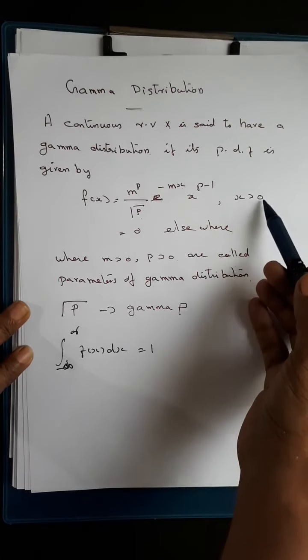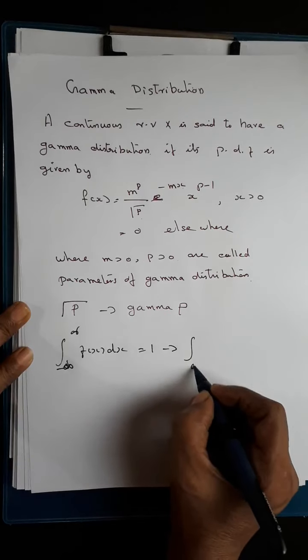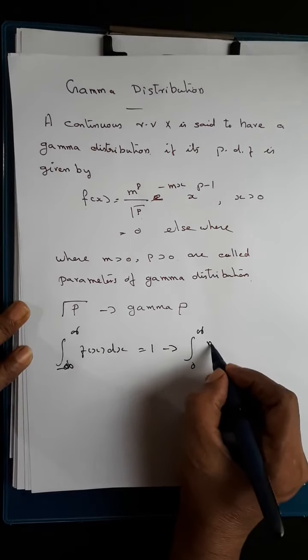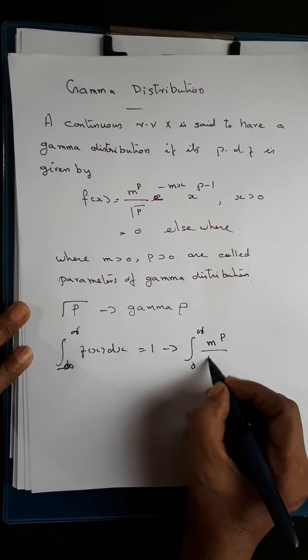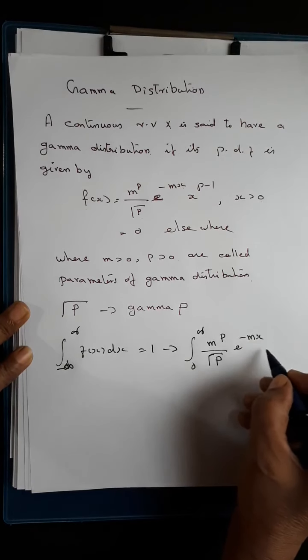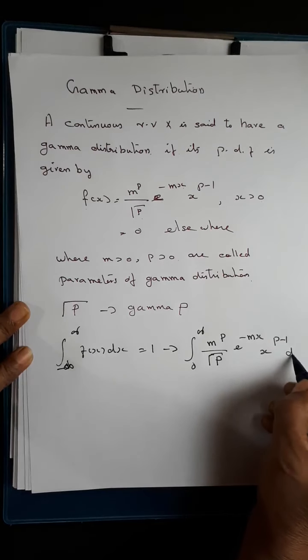Here the range is from 0 to infinity, so we can rewrite this as integral 0 to infinity, instead of f x, we can write m raised to p divided by gamma p e raised to minus mx x raised to p minus 1 dx equal to 1.